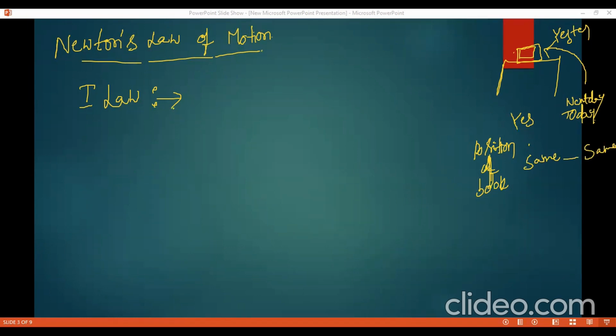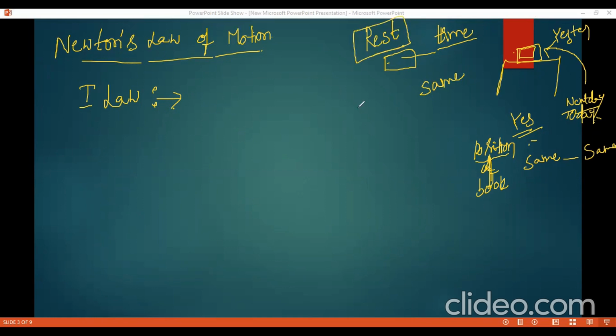That is, the position of the object with respect to time is the same. Then the body is said to be at rest.